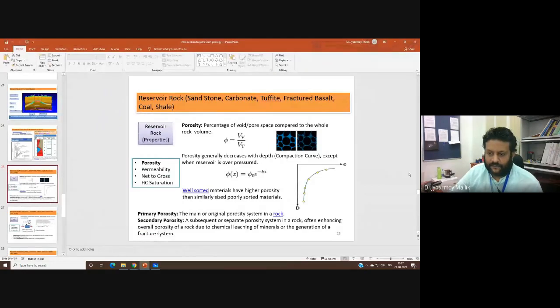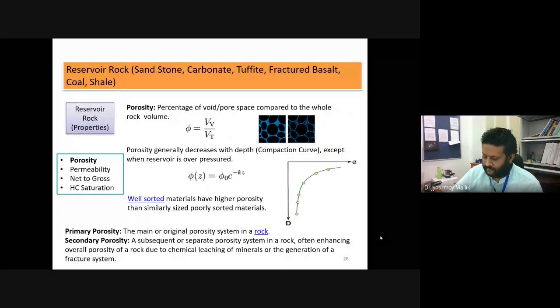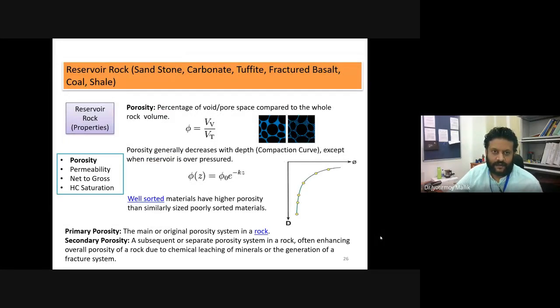So we just simply summarize reservoir rocks. It could be sandstone, carbonate, tuffite, fractured basalt, coal, shale. The percentage of void is represented by porosity, and this is generally associated with the symbol phi.